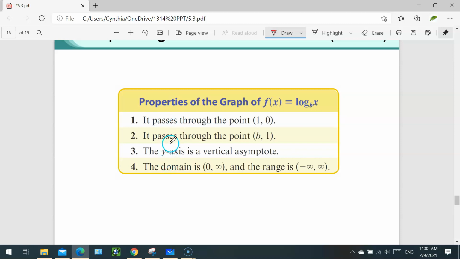Because they are all associated with the exponential function, but the exponential function has the reverse direction. The exponential function passes through (0, 1) and (1, b), has a horizontal asymptote, its domain is negative infinity to positive infinity, and its range is 0 to infinity.